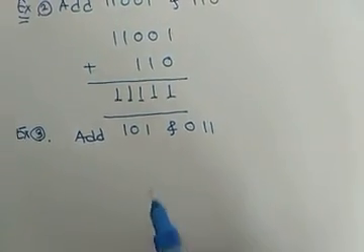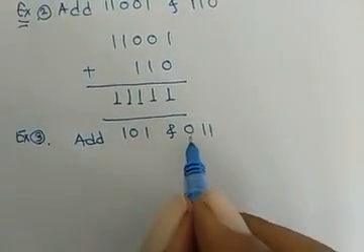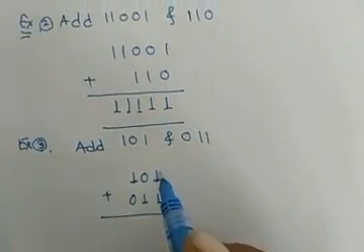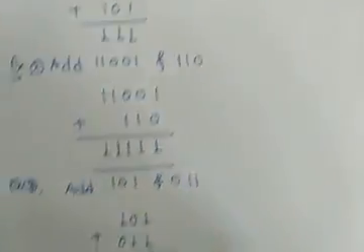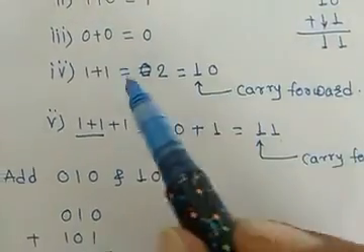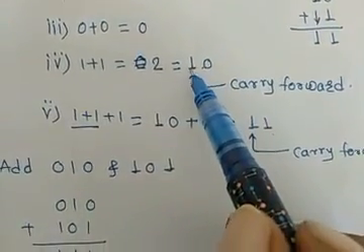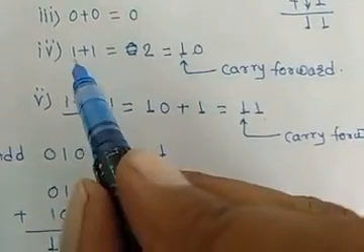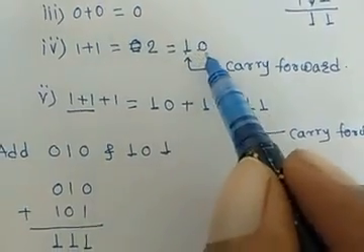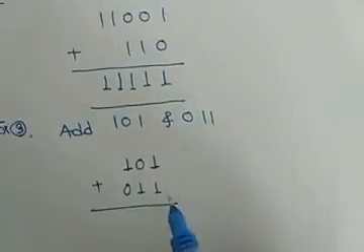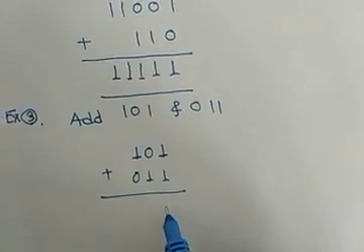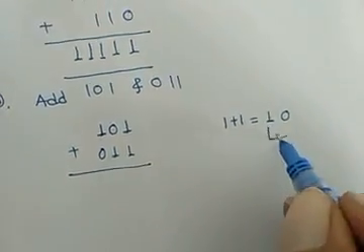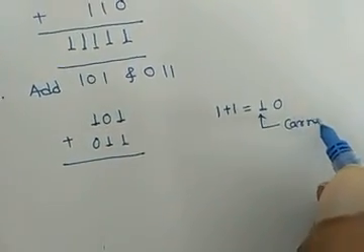Consider the next example. Add 101 and 011. Now here 1 plus 1, if we see the rule, can be written as 10. Do not consider this as 2. We write 1 plus 1 is equal to 10, where 1 is a carry forward.